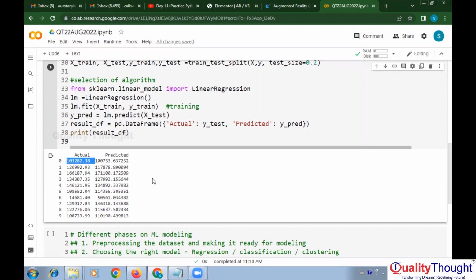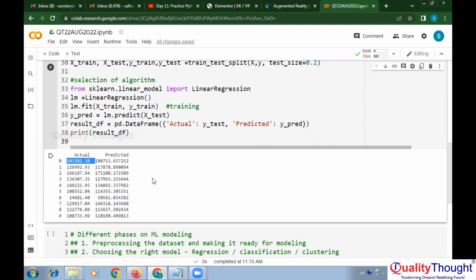So A minus B whole square, add them up, and then divide by n, 10. So that is your variance kind of thing. That is called mean squared error. Error is A minus P. Square of it is squared error. Take the average of it, mean squared error.